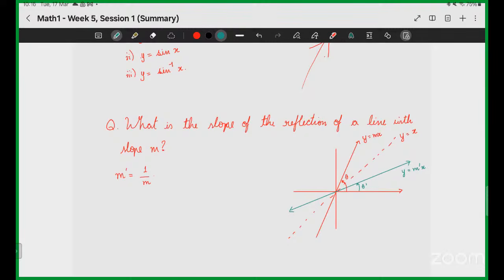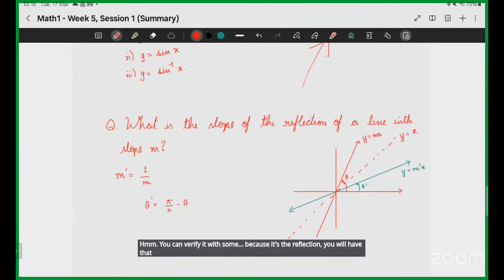Ninety minus theta or something like that. Yes, it is 90 minus theta. So you're again using your intuition. You can verify it, because it's the reflection, you will have that the angle of reflection is equal to the angle of incidence, and then you can verify that the sum is equal to pi by 2.